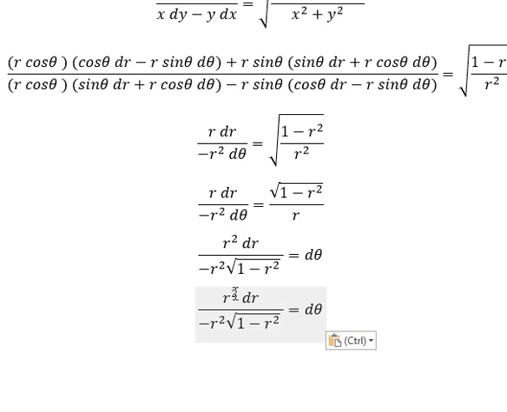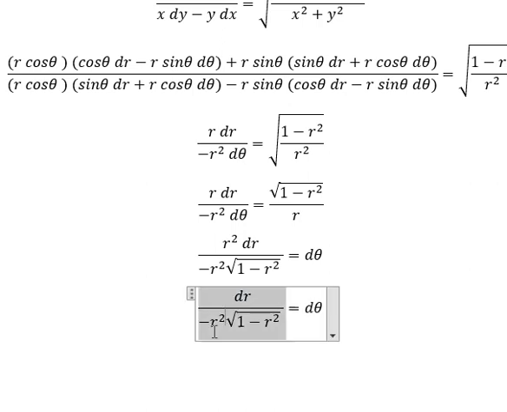Now we simplify r squared, r squared. Next, I will put the negative to the right.